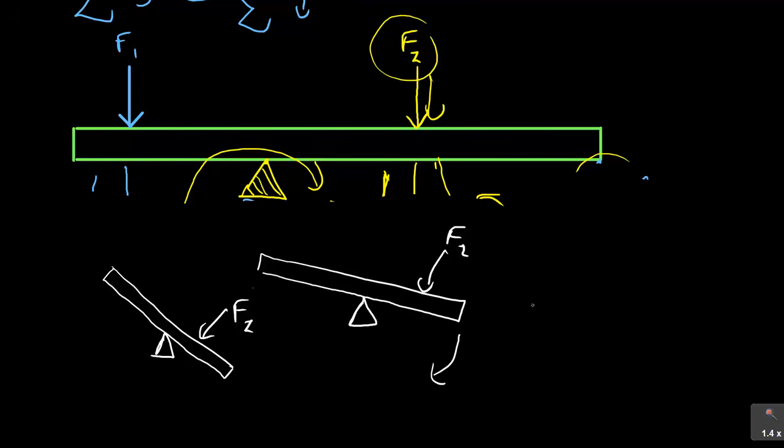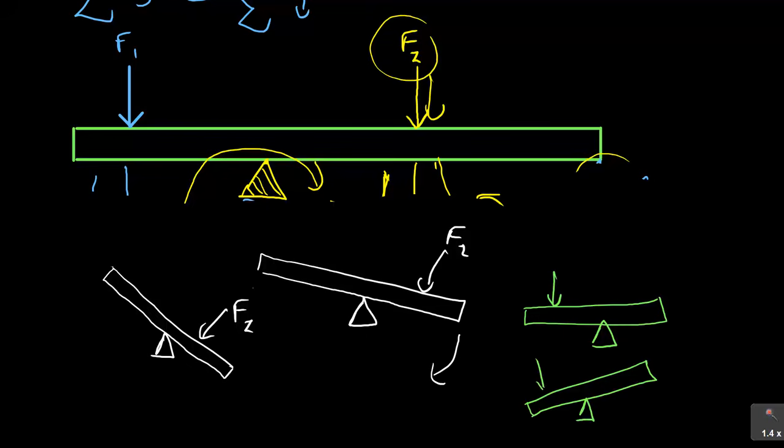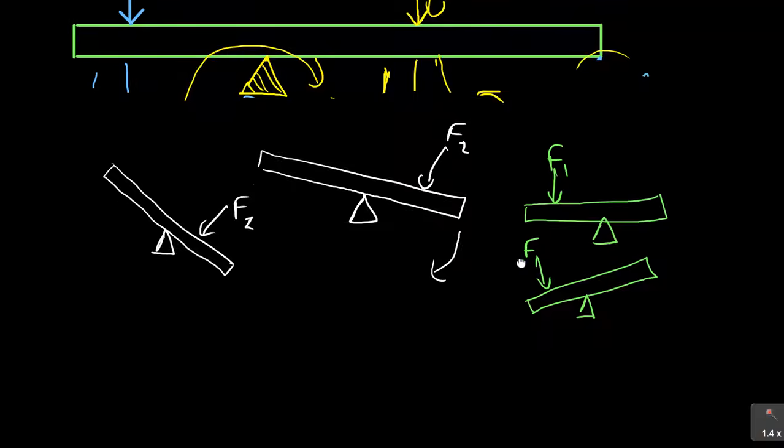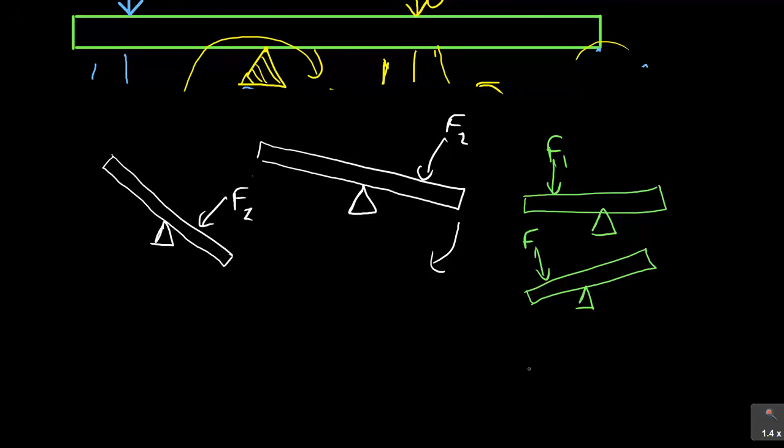But now if you look at F1, F1 in a way is doing the opposite. So F1 is pushing in this direction. After some time you will have F1, this is F1, pushing in that direction. So again, if F1 continues, you'll see something of this nature.